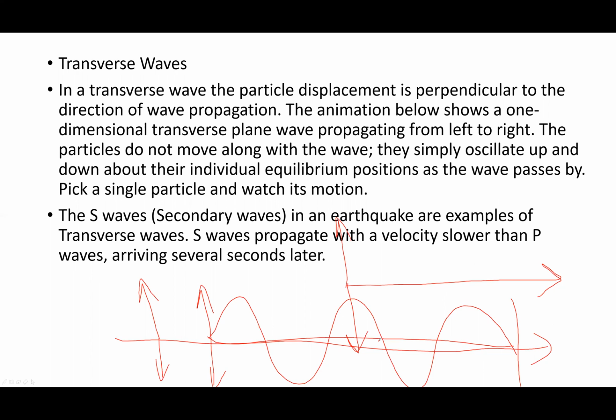You can check the animation now. Here the particle is vibrating up and down, and the disturbance is transferred in this direction. This is the transverse wave. In longitudinal waves, the direction of propagation of the wave and the particle vibration are parallel to each other.